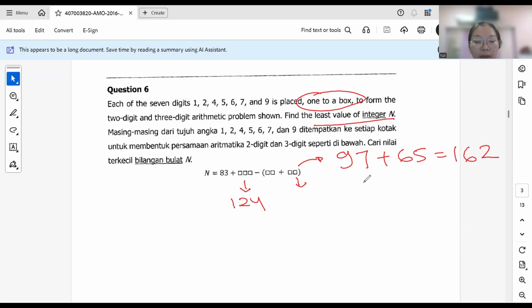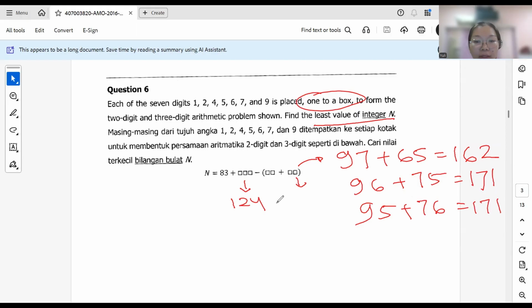We keep trying until we find the biggest possible sum. Still keep trying.